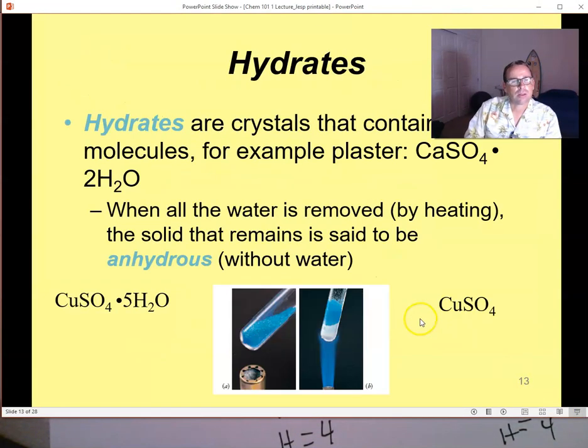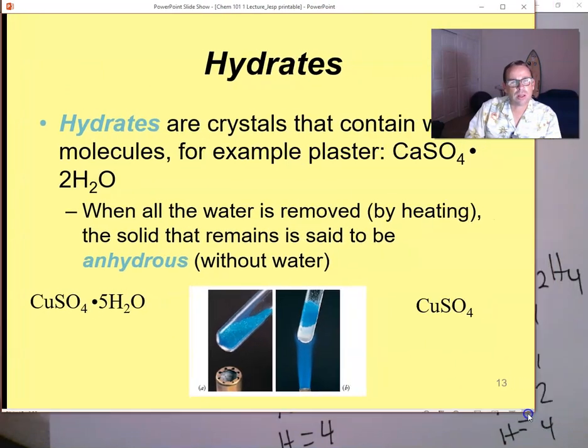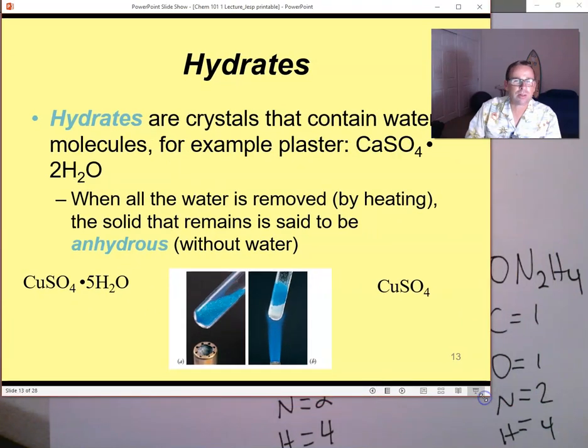All right. So now we're going to introduce a different kind of compound. It's not really a different kind of compound. It's still the same type. Let's see if you can tell. What kind of compound is this, CuSO4, which we call copper sulfate?